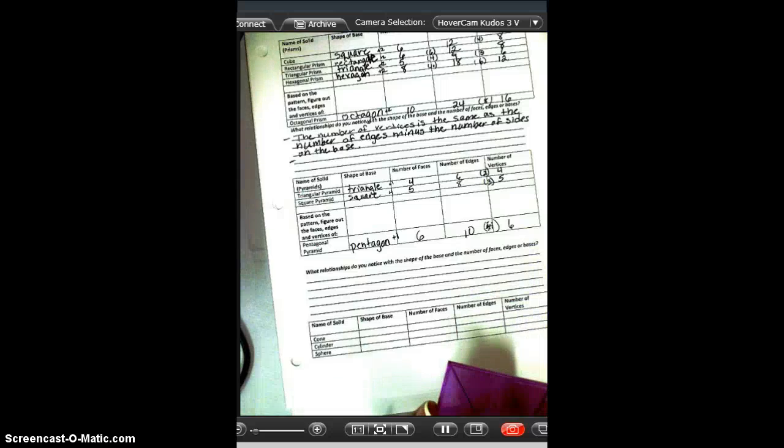Let's think, if this was a pentagon, we would have 5 down here, plus 1 at the top would make it 6.